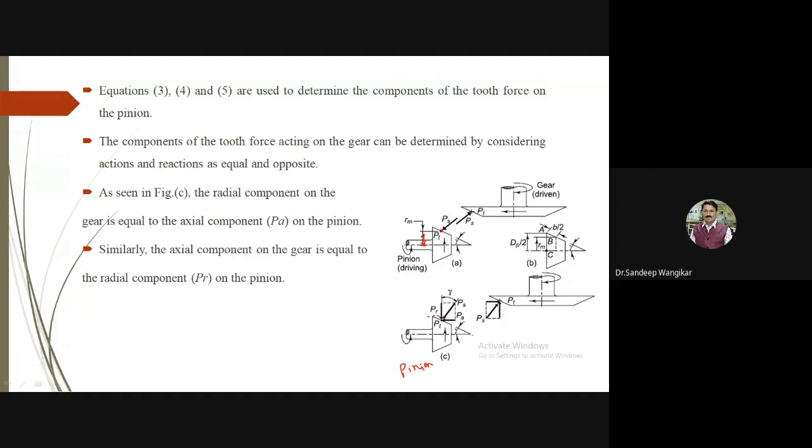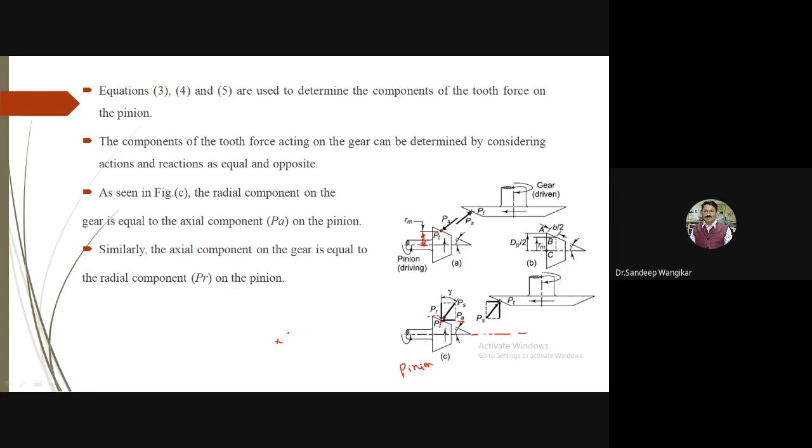Along the axis, this is the axis, so along the axis this is the axial component, PA. This is PS, and PT you cannot show directly. You have to show it dotted, or mark a cross, to show your PT. These are the directions for the pinion.